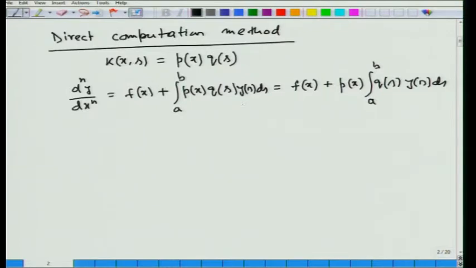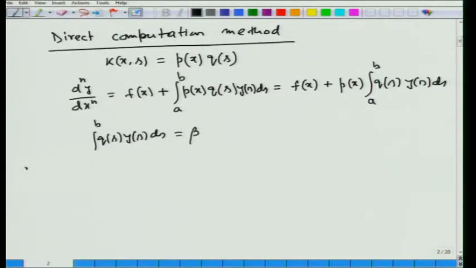And now, we define this unknown integral a to b of q(s) y(s) ds. Assuming the solution exists such that y(x) is a continuous function, then the integral a to b of q(s) y(s) ds exists and is a finite quantity, and we denote this quantity as beta.